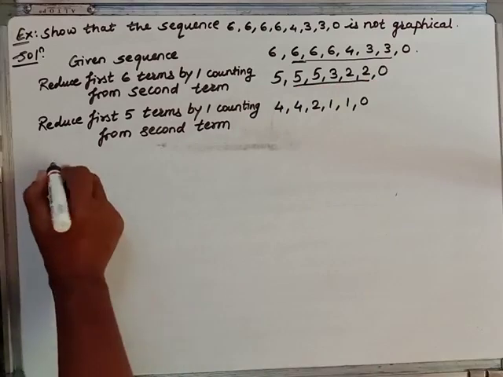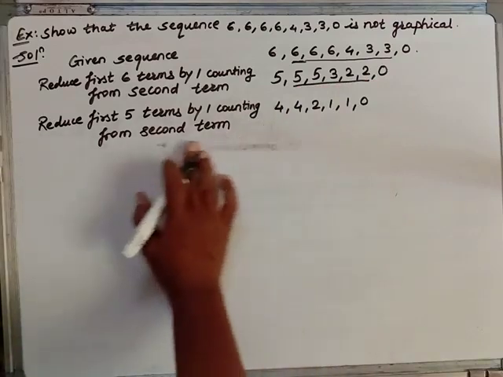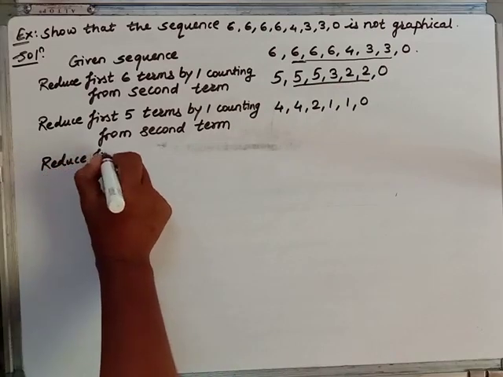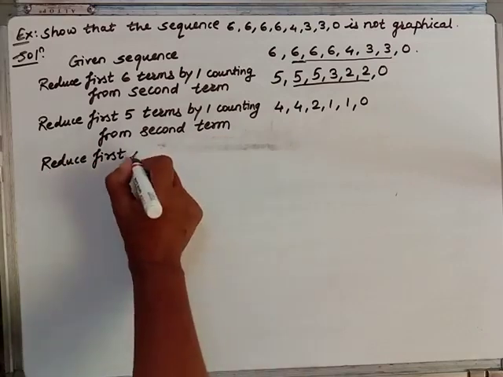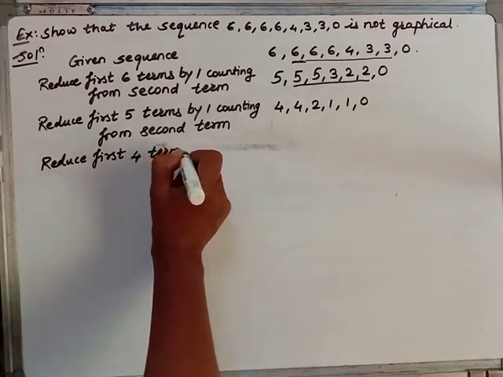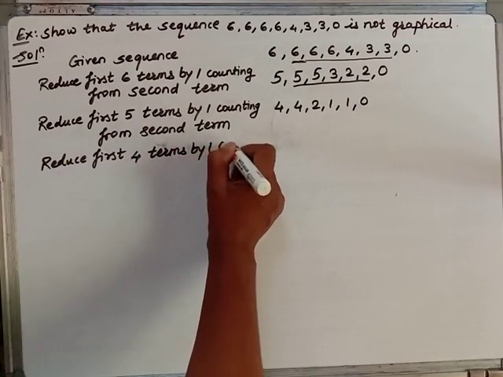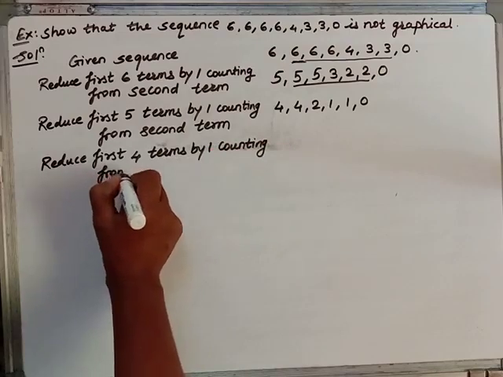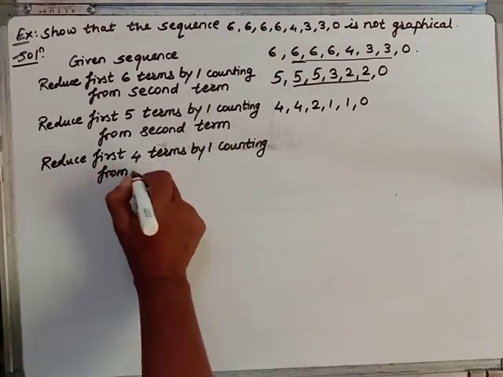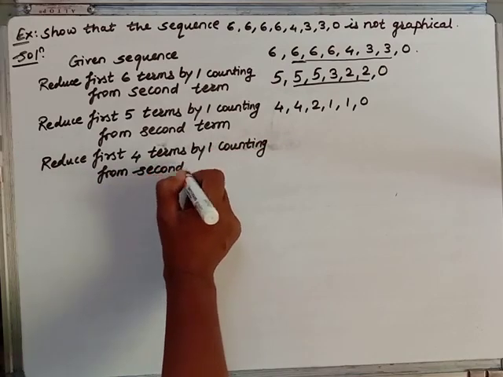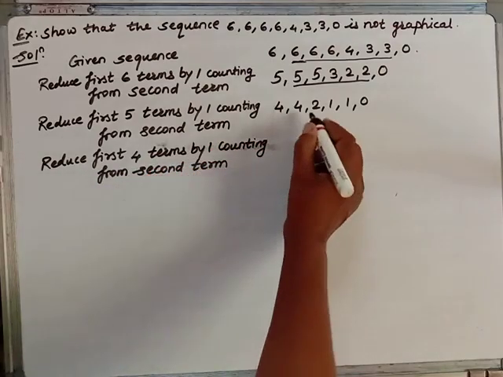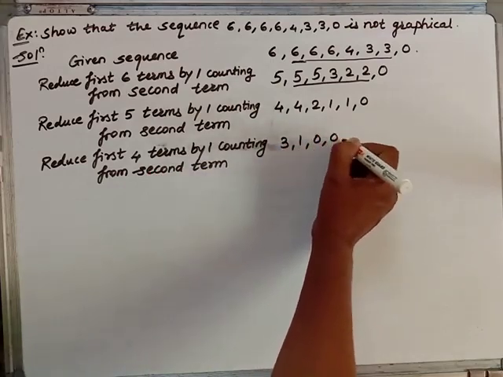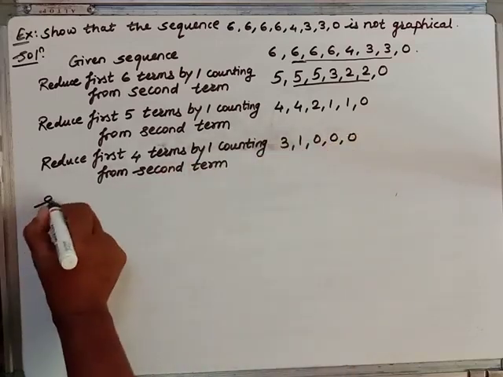Again this is in non-increasing order, so reduce the first 4 terms by 1, counting from the second term. So this will be 3, 1, 0, 0 and 0.